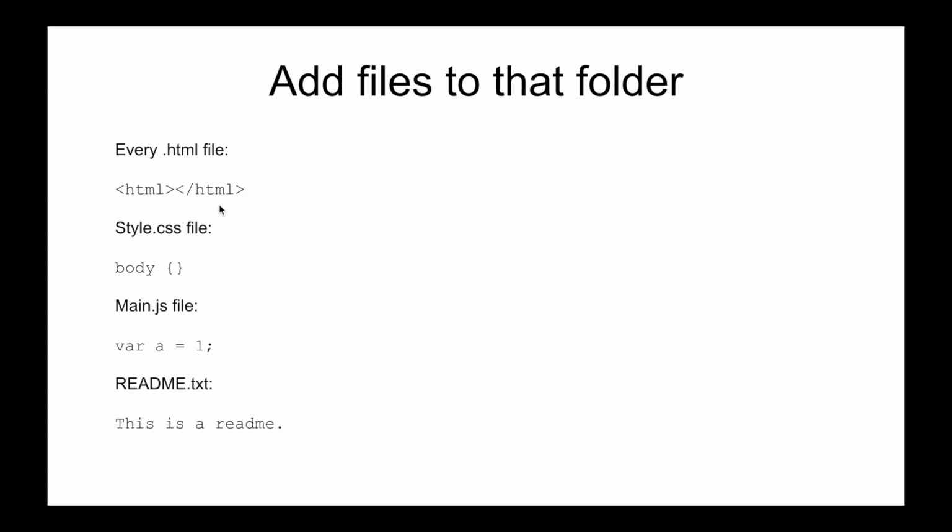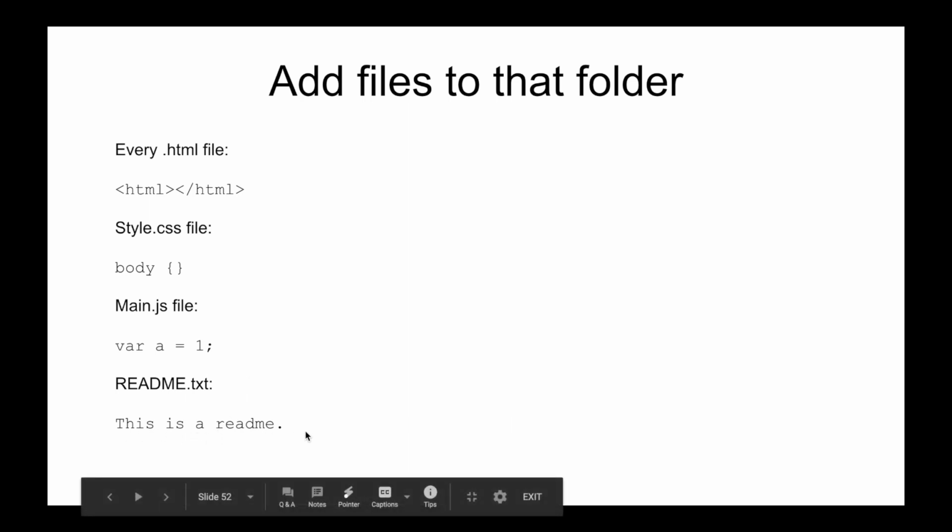In the CSS file, I want you to put body, space, curly brace, close curly brace. In the main.js file, I want you to put var space a space equals space 1 semicolon. And in the readme.txt, I want you to put: This is a readme.